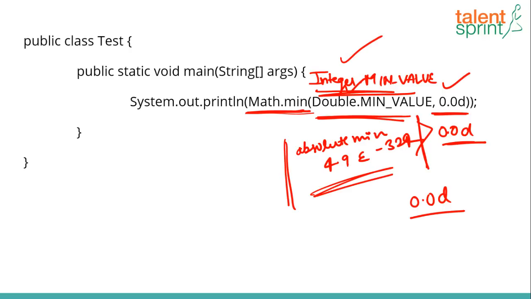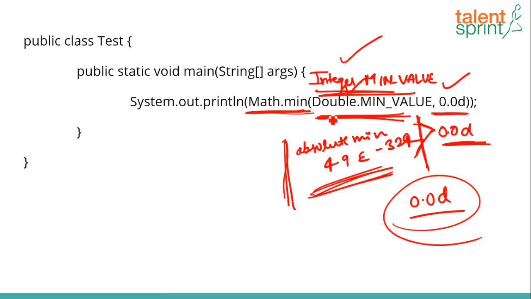In the case of Double.MIN_VALUE, Double is a wrapper class, and MIN_VALUE is the minimum value that the double can hold, which is 4.9e-324, and this is an absolute value, it is not negative. So this value is greater than 0.0d, and hence the minimum value is 0.0d. So this is our output.